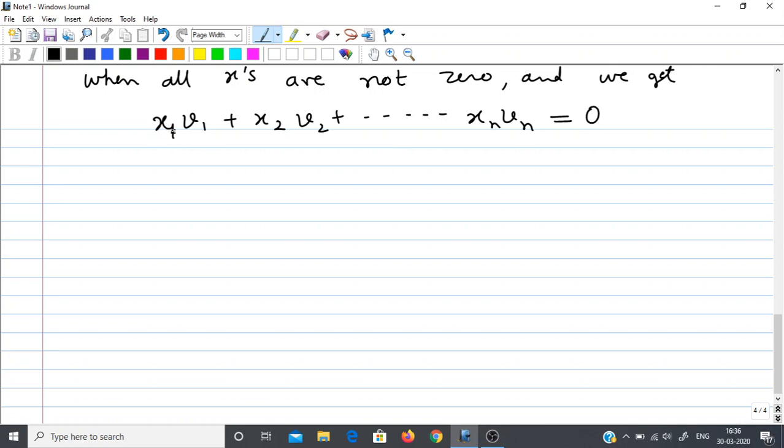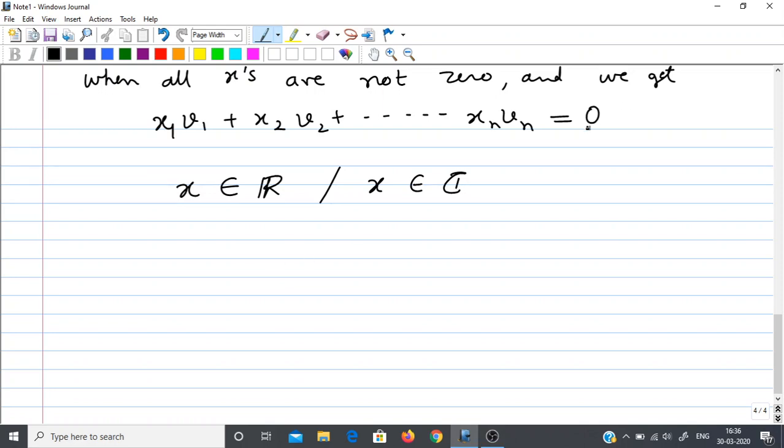Now remember here these x1, x2, x3, these x are either real numbers or complex numbers, and these v1, v2, vn are not numbers, they are vectors. And as I have said, these vectors could be functions or sequences.